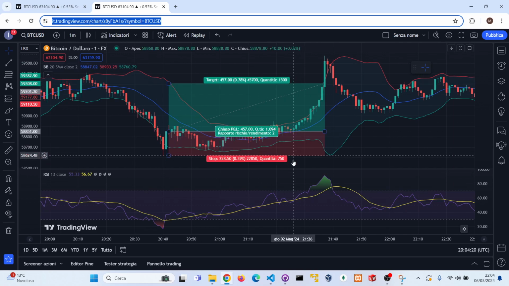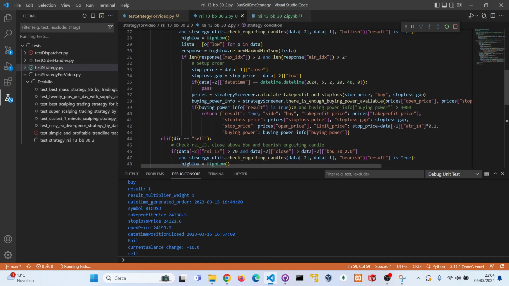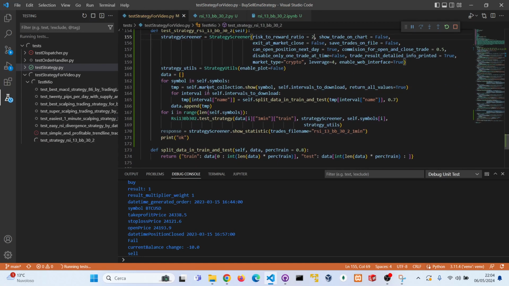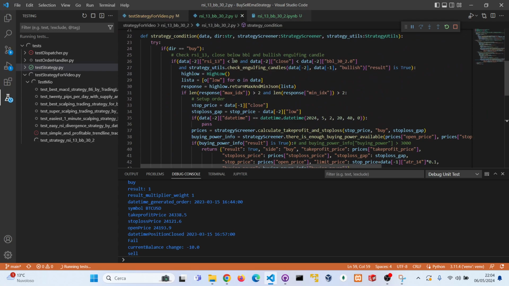But now let's talk about the strategy. How is the code? First of all, I want to say that the leverage I'm using is 4. Then here is the code. So here I check the RSI. The close is below the Bollinger Bands low.